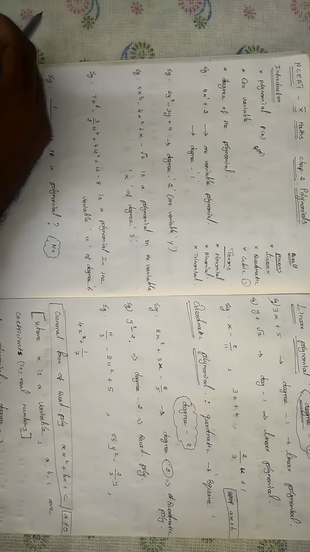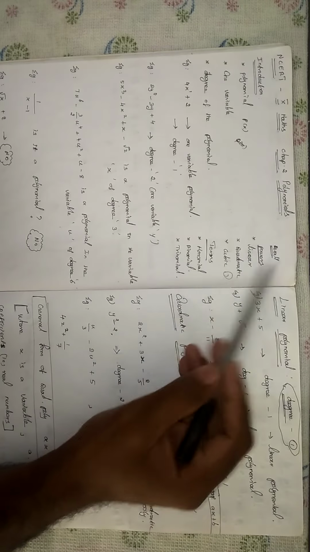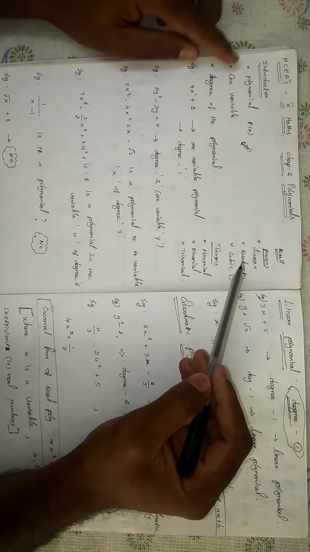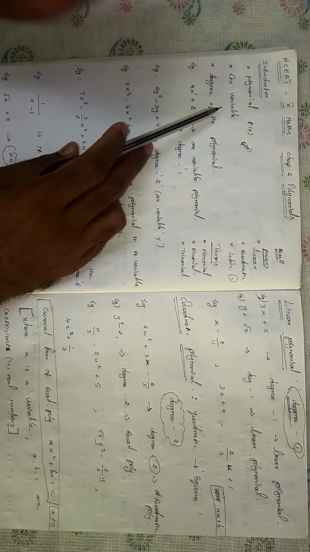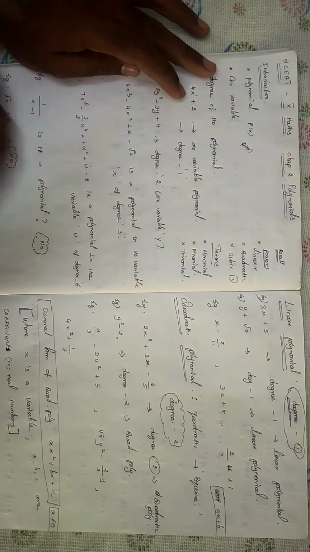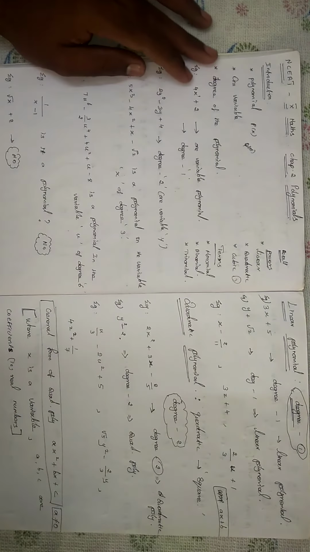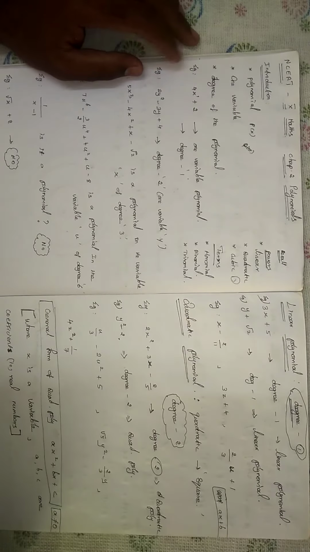So we know already these are all called polynomials. Maybe it contains two variables or three variables, but in this topic we only focus on the one variable polynomial. In the whole polynomial, there is only one variable. The power can be varied, right?